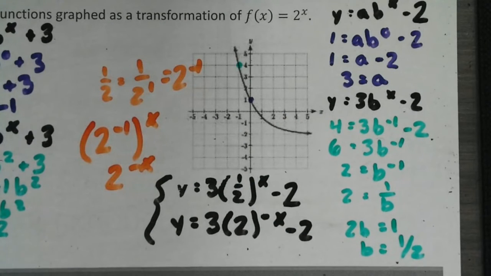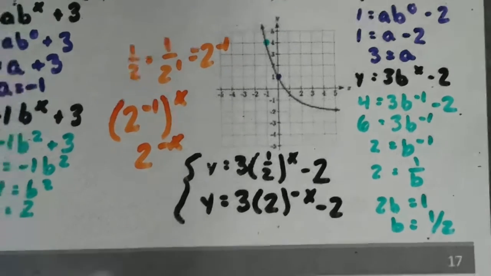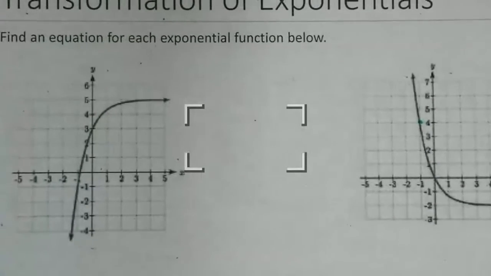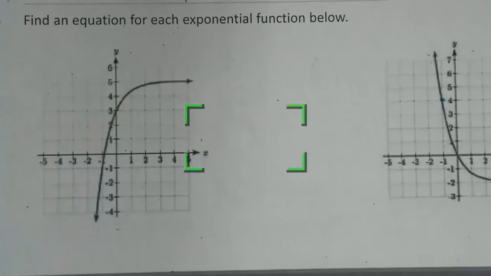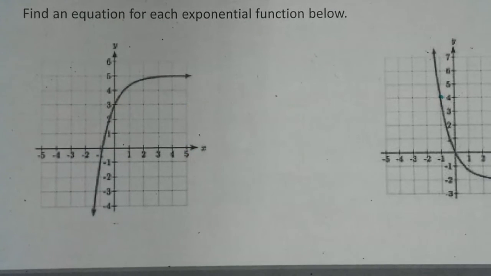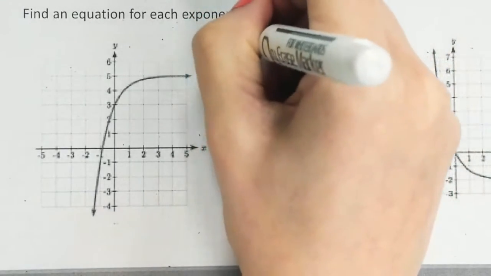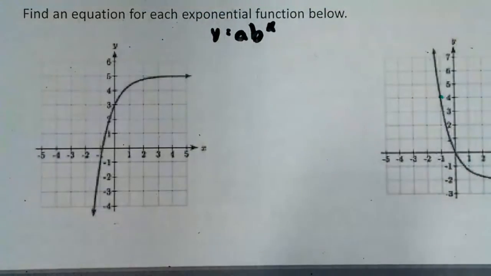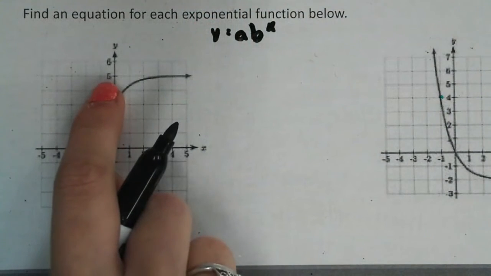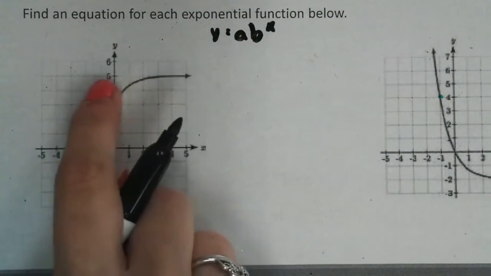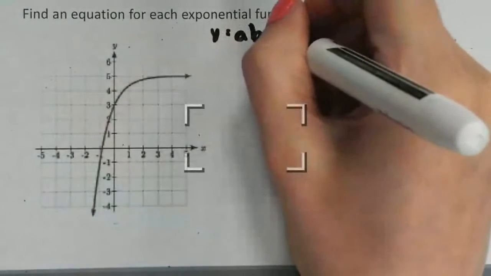We're going to try 2 more just to make sure we've got this down, and this time they're not going to tell us what type of function we're transforming. So it says find an equation for each exponential function below. I'm going to follow the exact same steps that I've been doing. You have y equals ab to the x power plus my horizontal asymptote, which is 5, it looks like.